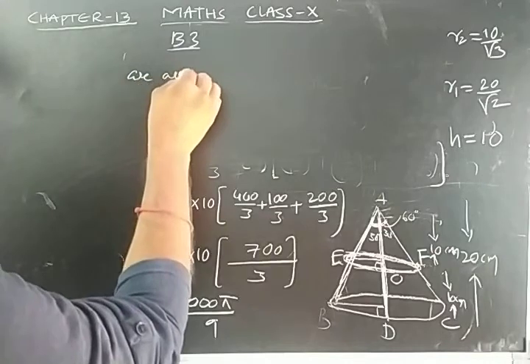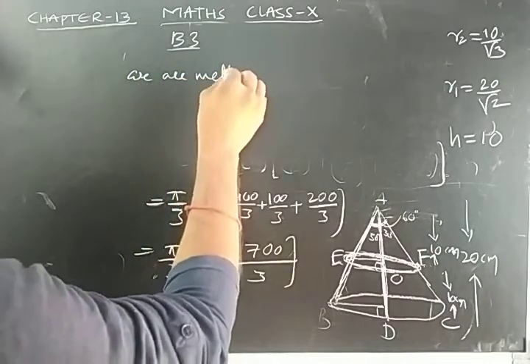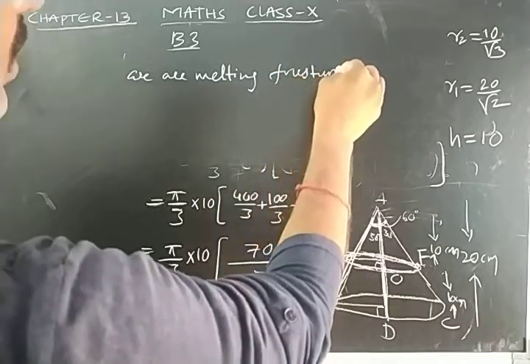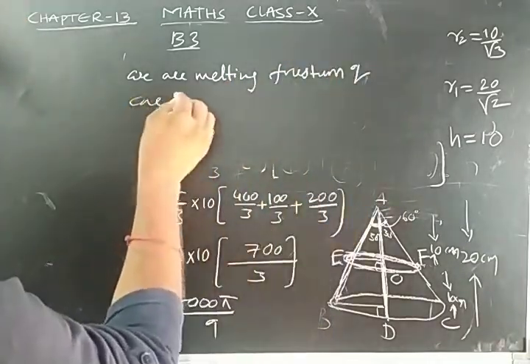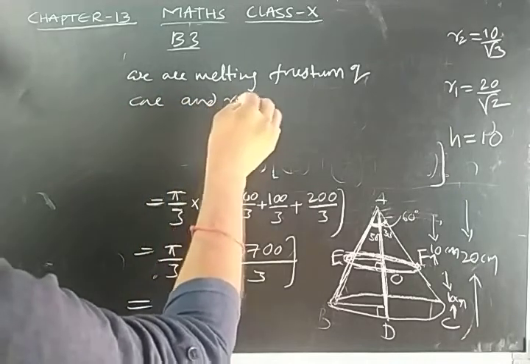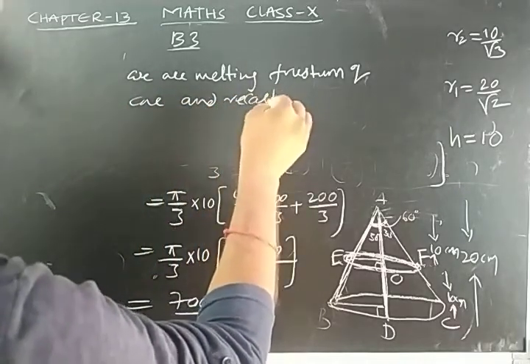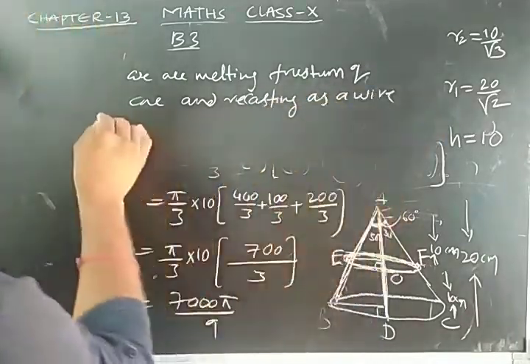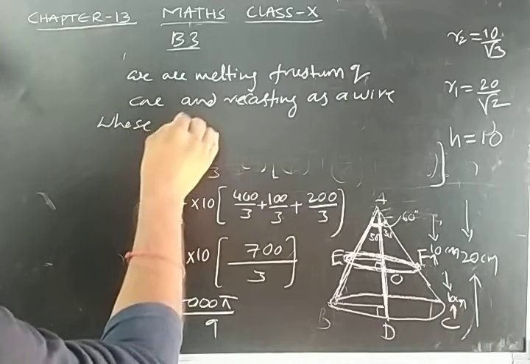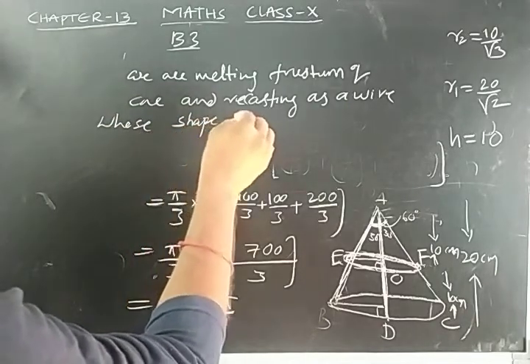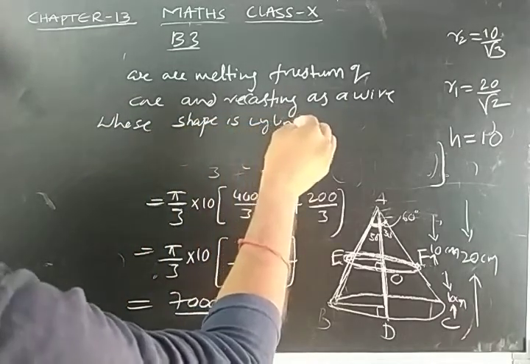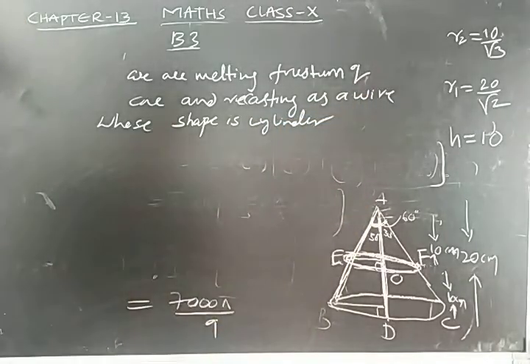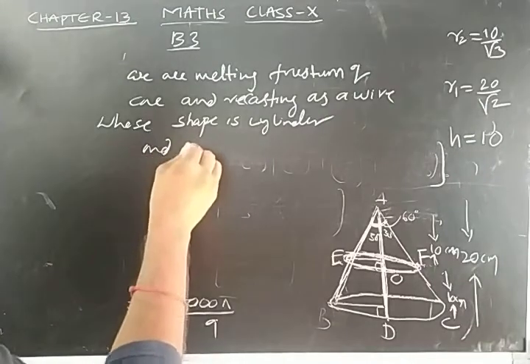We are melting the frustum of cone and recasting as a wire whose shape is cylinder, and its diameter is given.